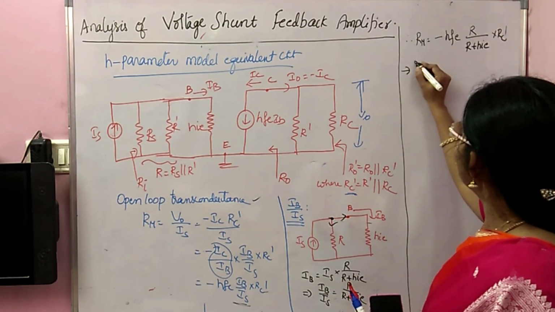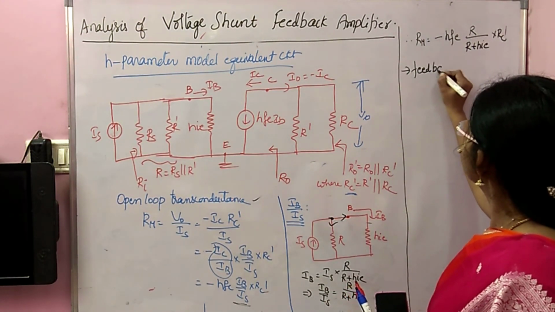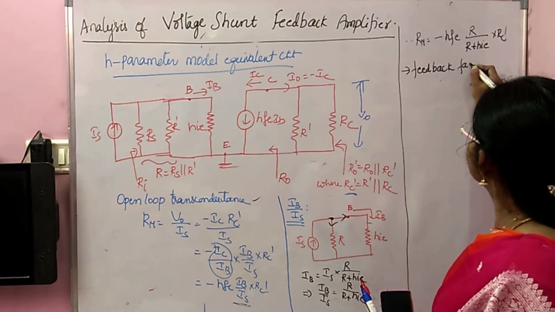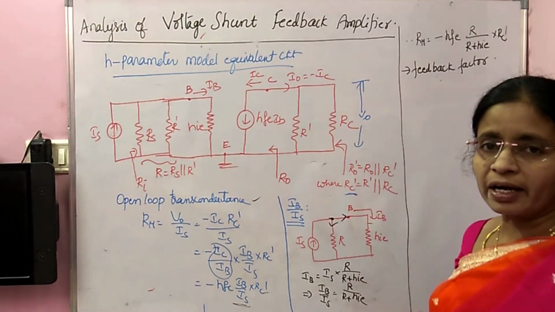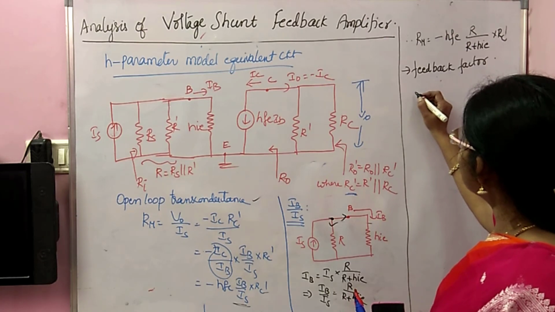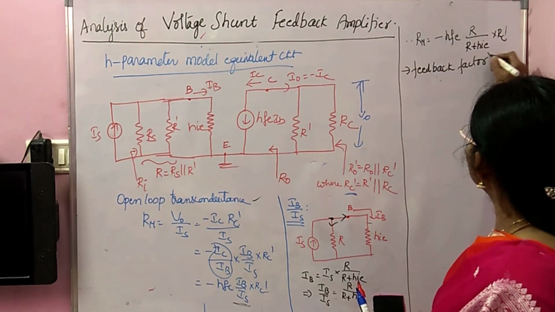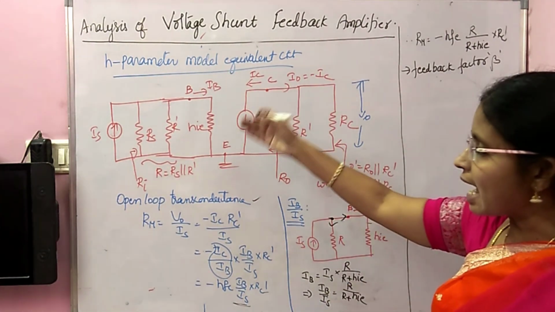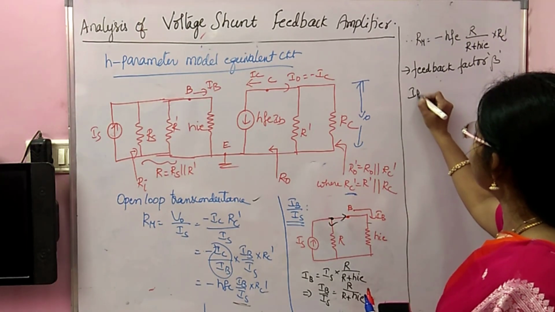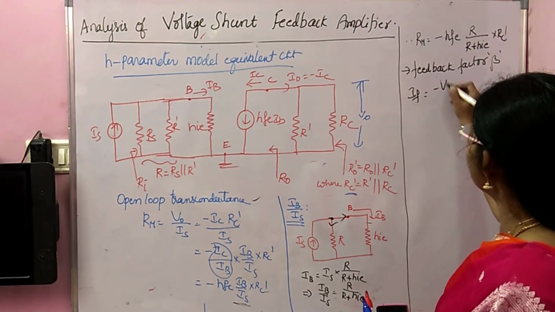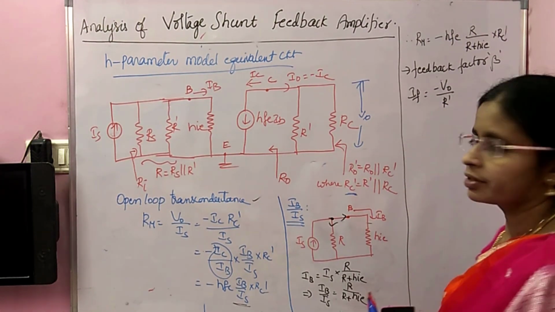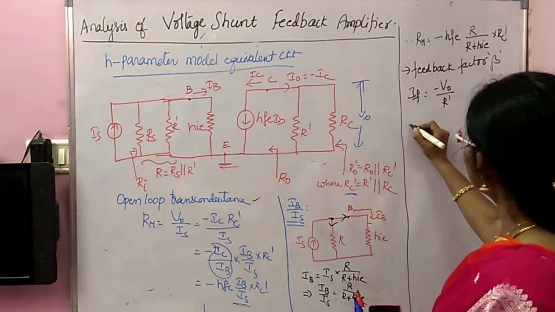Then we have to go for the feedback factor beta. You have to find beta. Starting, we got one expression for IF. IF is equal to minus V0 by R dash. What is beta here?